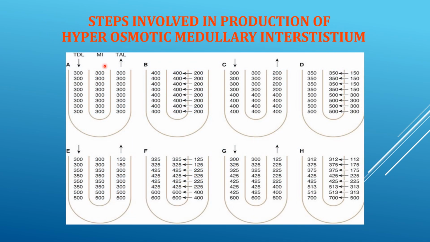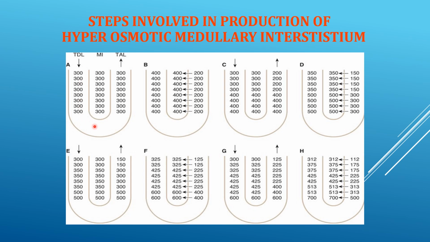In this picture, we can see the steps involved in production of the hyperosmotic medullary interstitial gradient. This is the loop of Henle, thick descending limb and thin descending limb and thick ascending limb and medullary interstitium. Before starting, the osmolarity of the fluid is same as the plasma, that is 300 milliosmoles per liter.